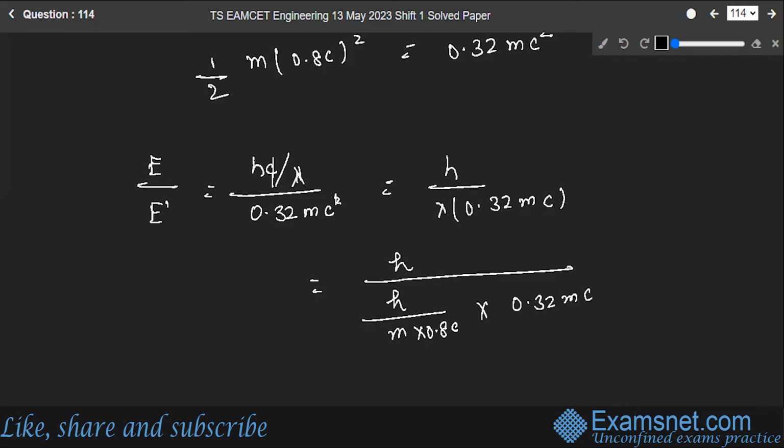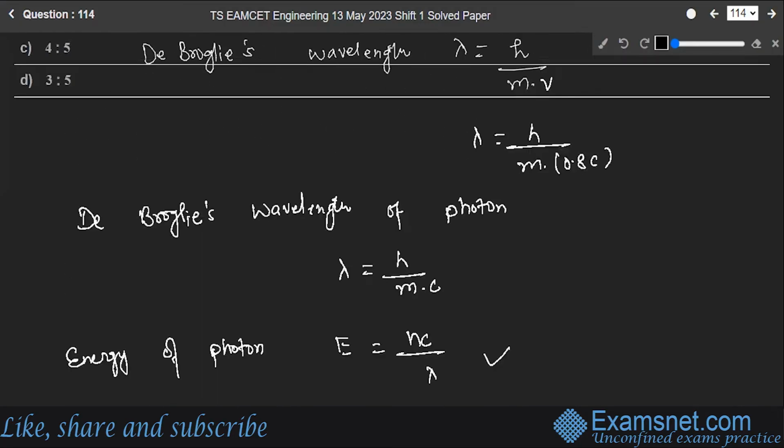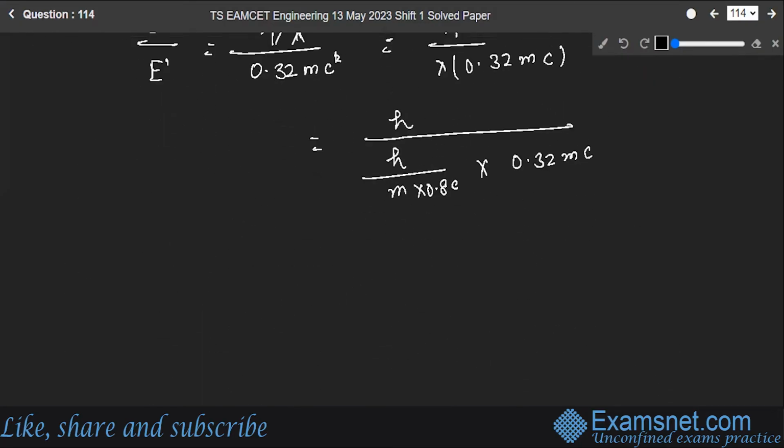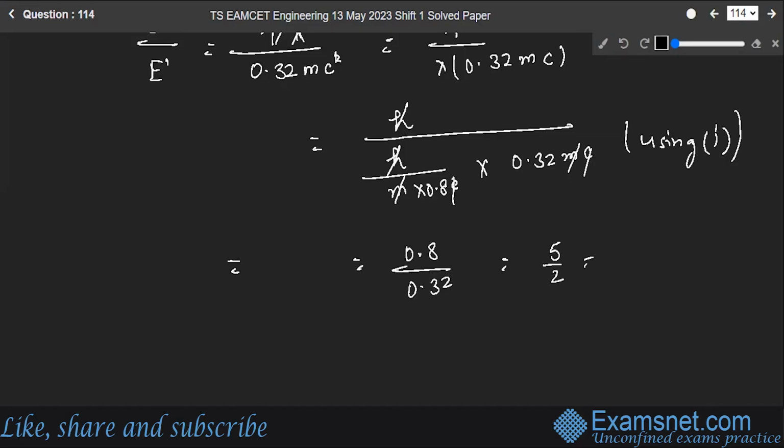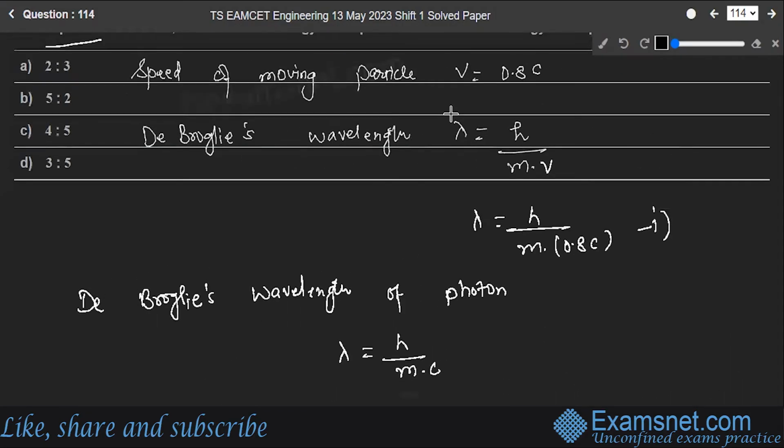I'm using here the previous equation, equation 1. Now on solving this whole thing, h and h will cancel, m and m will cancel, c and c will cancel. You will have 0.8 upon 0.32, which will be equal to 5:2. So this is the answer to the question, 5:2.